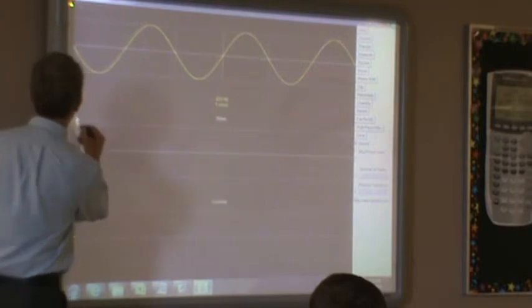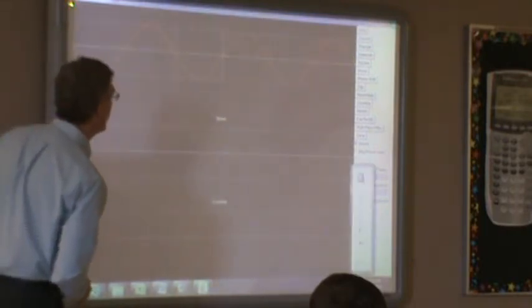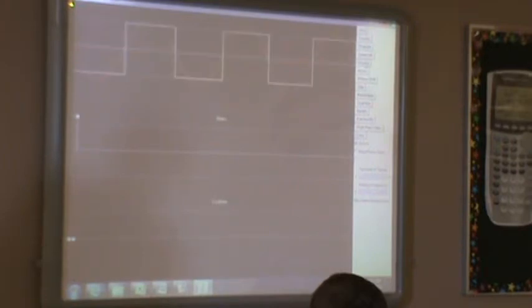You can't use the mouse and the pen at the same time. Let's try clear. Okay, I think that's the square wave again. Let's just increase it one term at a time.